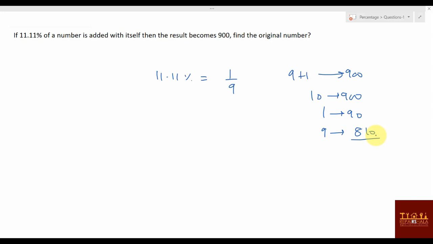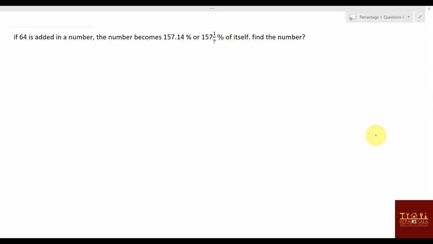Clear? This one. If 64 is added in a number, the number becomes 157 1 by 7 percentage. So first thing you can do is, 157 1 by 7 percentage you can write in terms of 100 percentage plus 57 1 by 7 percentage.